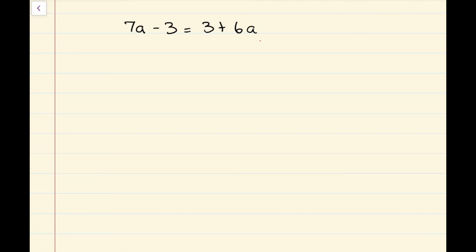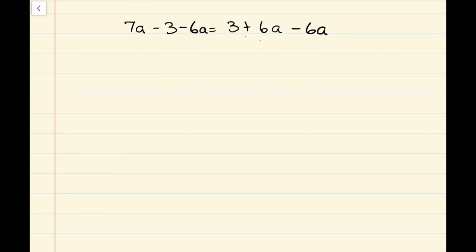Because we have a plus 6a, we just want to have a minus 6a so that it will cancel out. So if we minus 6a on this side, remember what we do to one side of the equal sign, we have to do to the other side to make it equal. So we would have to put the -6a on this side as well.